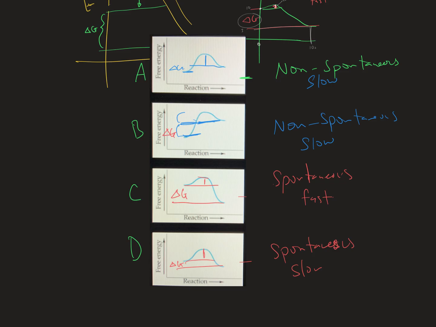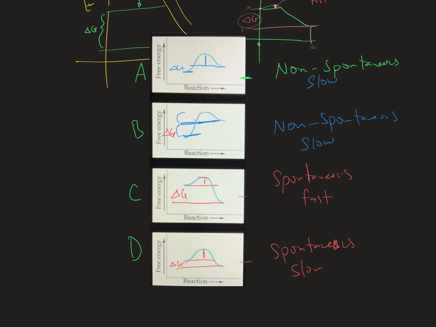So that's 5% of your test grade right there. And do we have to decide if it's endothermic or exothermic on those? Not according to what it says on number 17. It just says spontaneity and whether it's fast or slow.